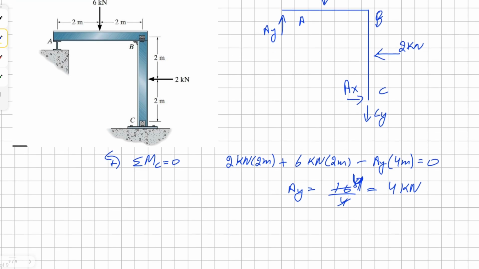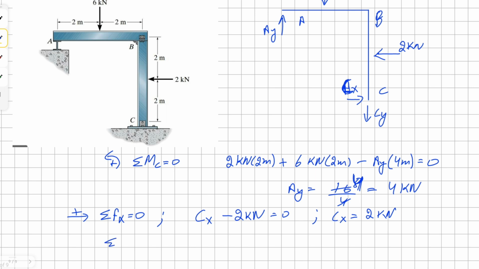Now we can sum the forces in the X direction to get the value for the horizontal component at C. So we have positive Cx and negative 2 kilonewton. Solving for this, we get Cx is equal to positive 2 kilonewton.